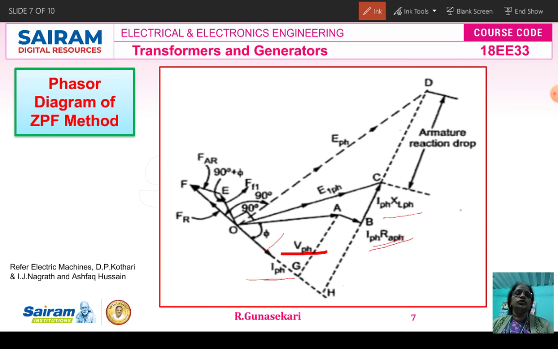Then the armature reaction drop, IaXa drop, which is perpendicular to IaRa.